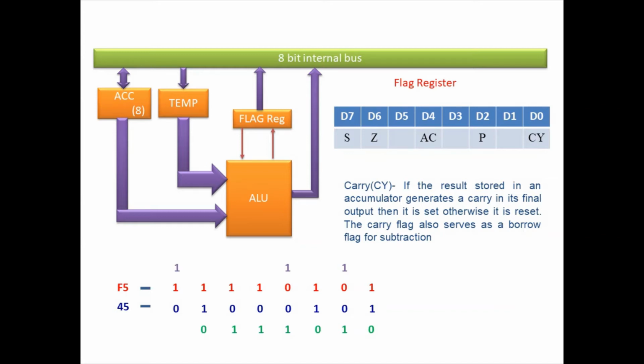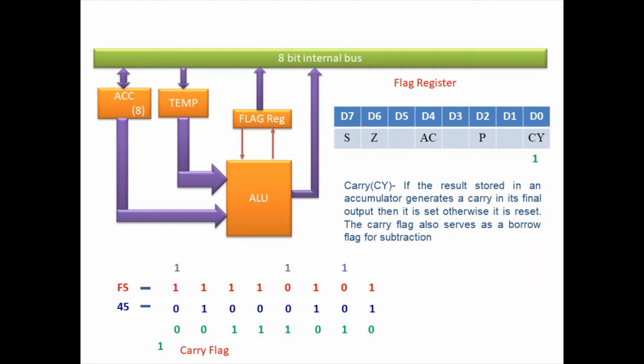Now what is the last bit? 1 plus 1 plus 0, when you add, gives 0 with carry 1. Now you can understand, if a carry is generated at the last bit, then we call it a carry. So you can see at D7 the carry flag is set. So this is the carry flag.